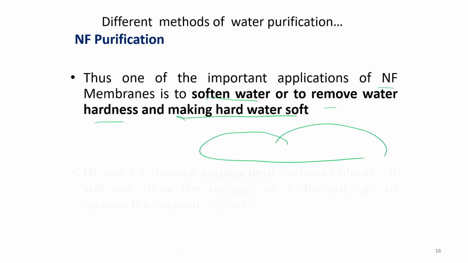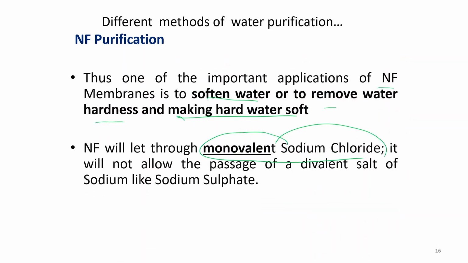It will allow monovalent components like sodium chloride, but it will not allow divalent salts like sodium sulphate to pass. So, depending on the size, that type of selective filtration is possible using nano purification.